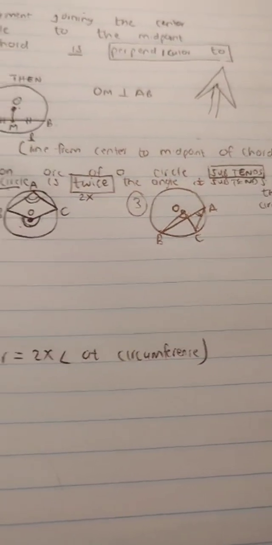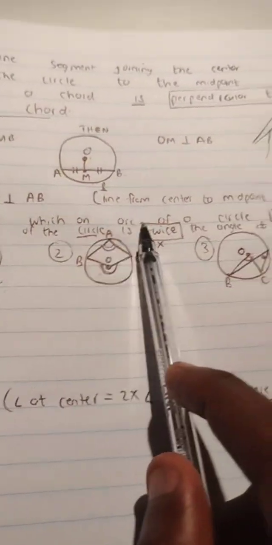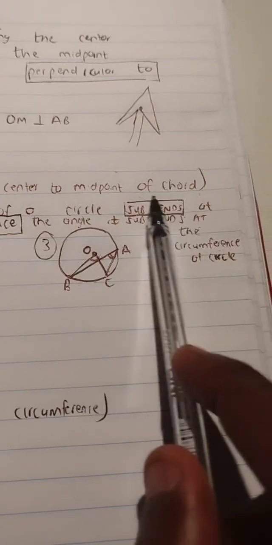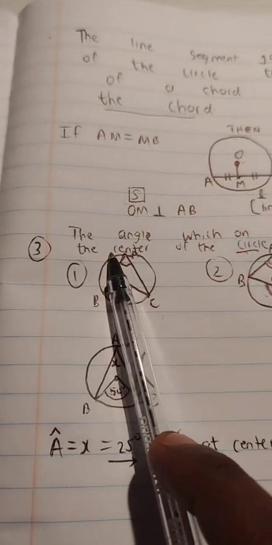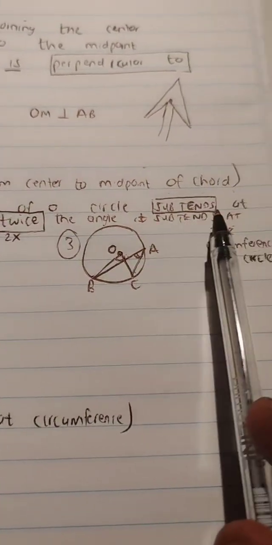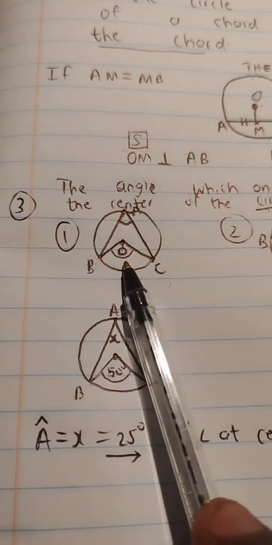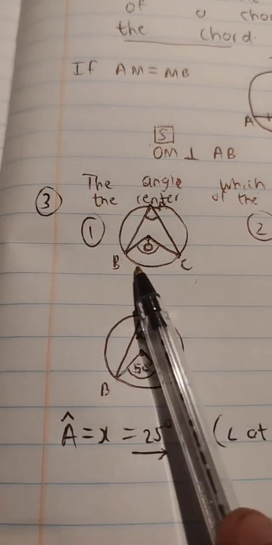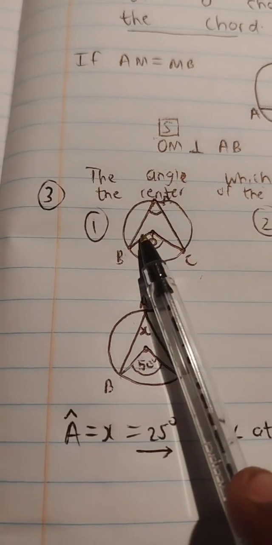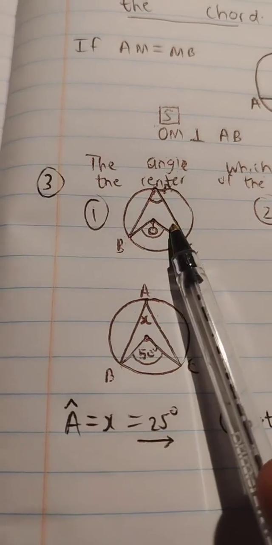Are we together? So the theorem says the angle which an arc of a circle subtends at the center of the circle is twice the angle it subtends at the circumference. Look at the first diagram. Here is arc BC. It subtends this angle at the center.